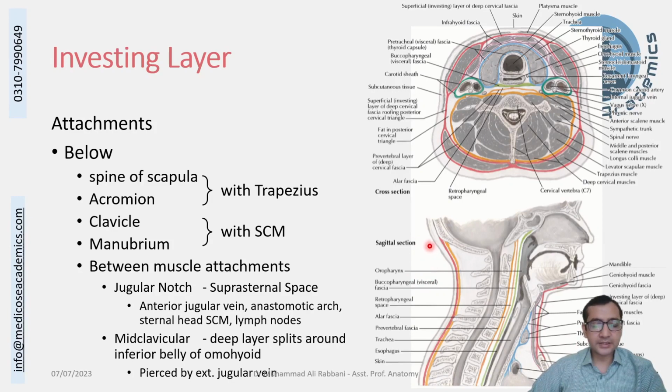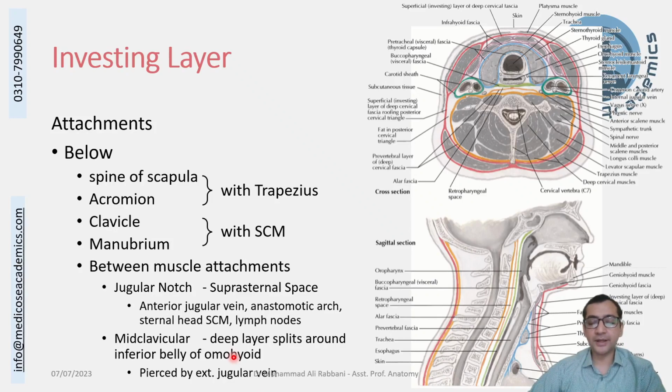Then there is a space between the sternocleidomastoid insertion and the trapezius. Here again a space is formed. This space is pierced by the external jugular vein, and the two layers are formed at the mid clavicle area.